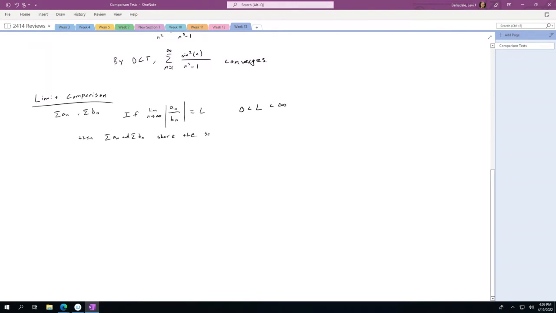And when I say share the same convergence, what that means is they either both converge or they both diverge.